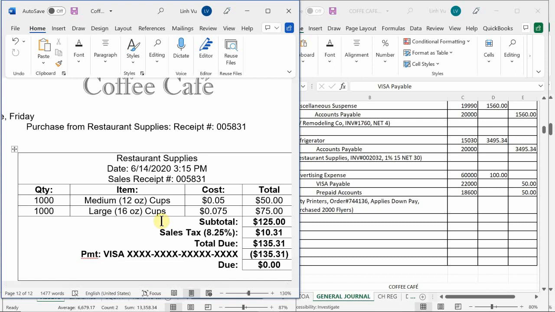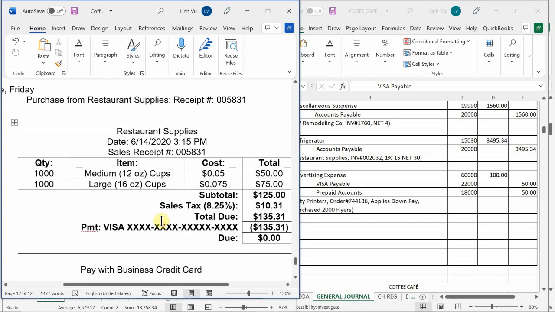And we bought 1,000 large 16-ounce cups, okay? The 12-ounce cups were 5 cents each. The large cups were 7.5 cents each, which came to a total of $125. Okay, we got charged tax for $10.31. So the total due is $135.31, and we paid with our Visa credit card.